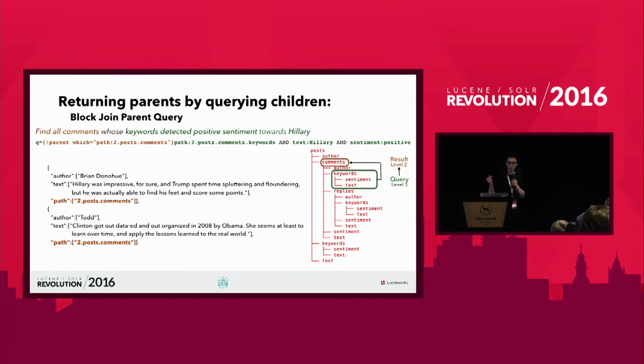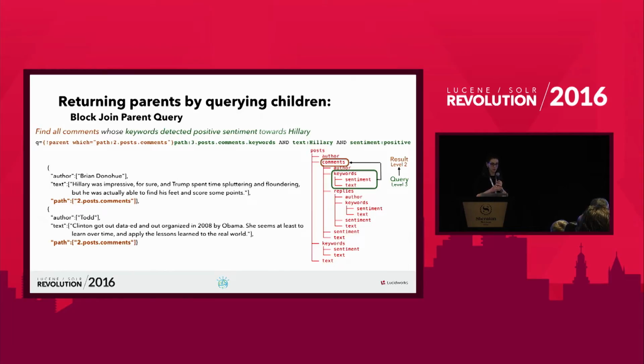And what we want to return are the comments, the parent document to those keywords. Solr gives us this possibility since version 4.5 or something, so it's been around for quite a while.